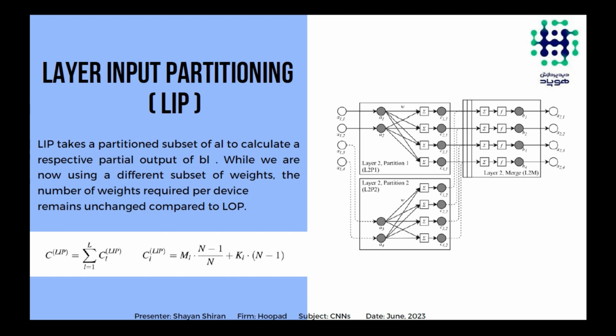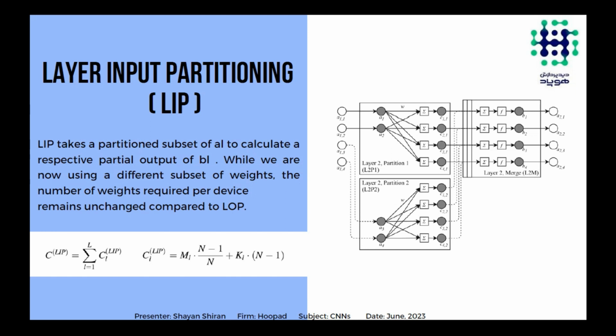And here I've mentioned that while we are now using a different subset of weights, the number of weights required per device remains unchanged compared to LOP. I mean, the F subscript, and the memory footprint stays the same in both methods.